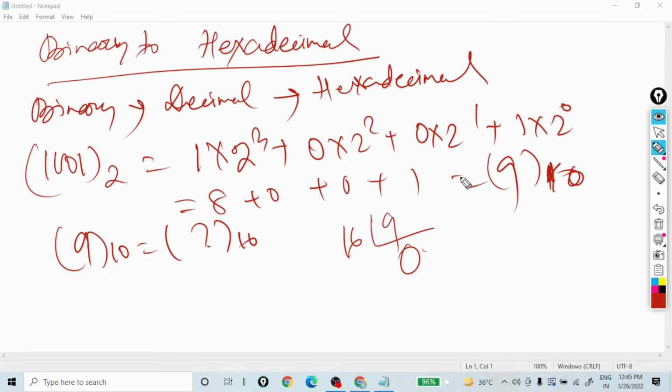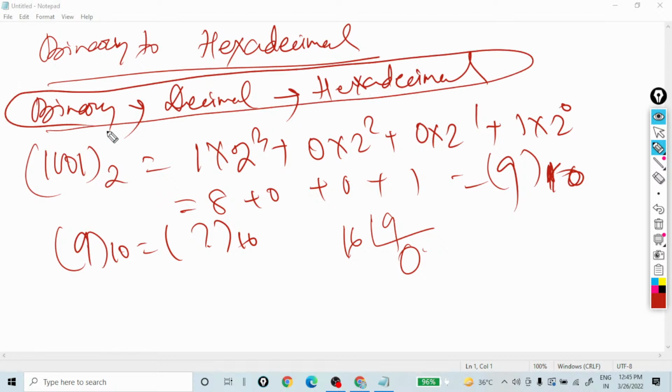So basically, you have to understand that this is the format. Whatever you convert, first you have to bring it into decimal format, right? Then you will convert into hexadecimal format. Or similarly, if there is a question regarding octal to hexadecimal, then what you have to do?